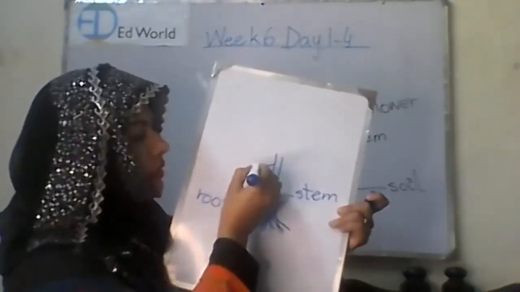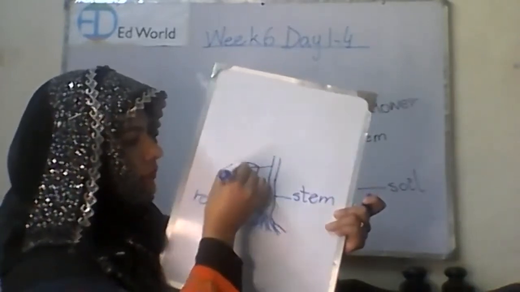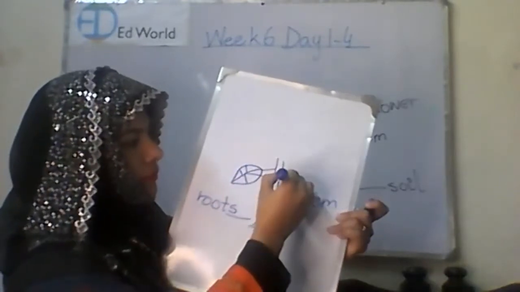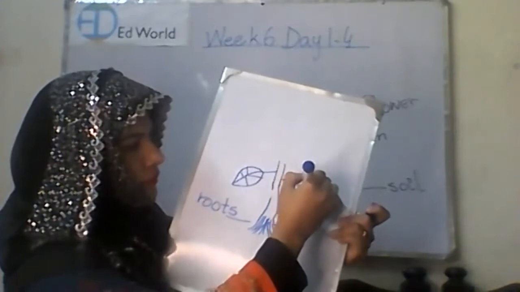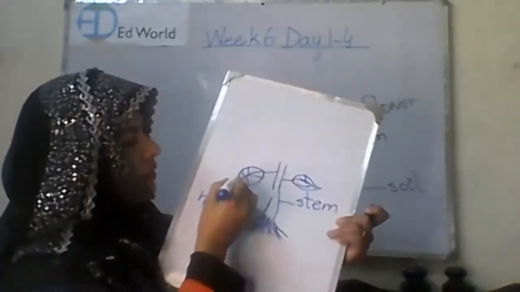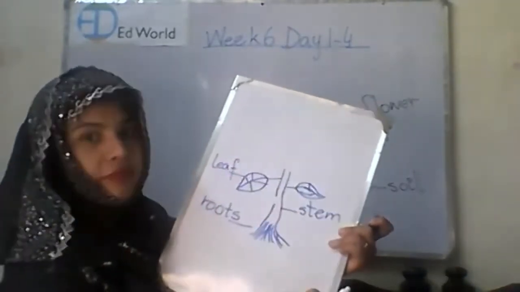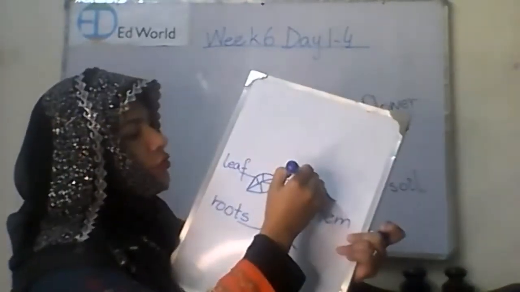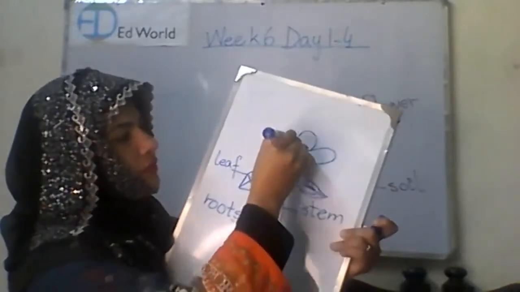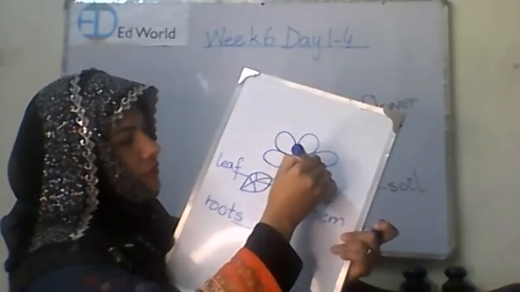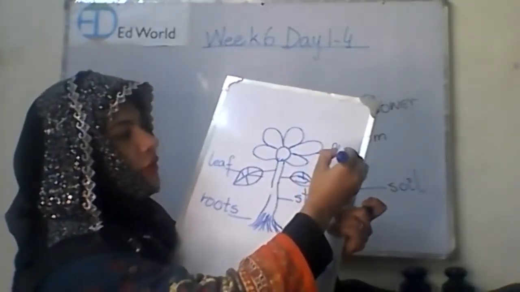See how to draw the leaves? You need to draw like this. What is this called? This is called a leaf. Okay, now I am going to draw a flower bud here. And what is this called? This is called a flower.